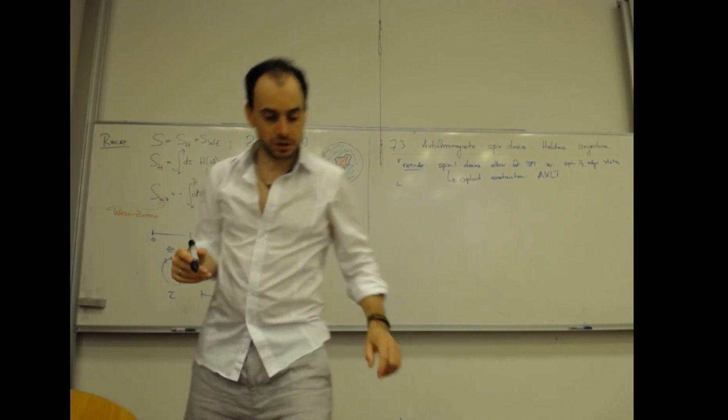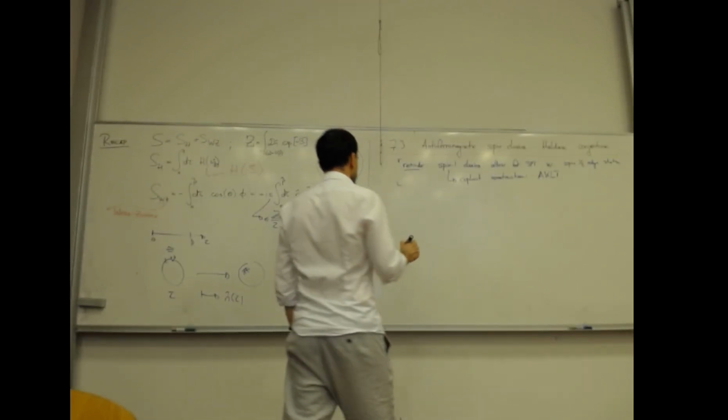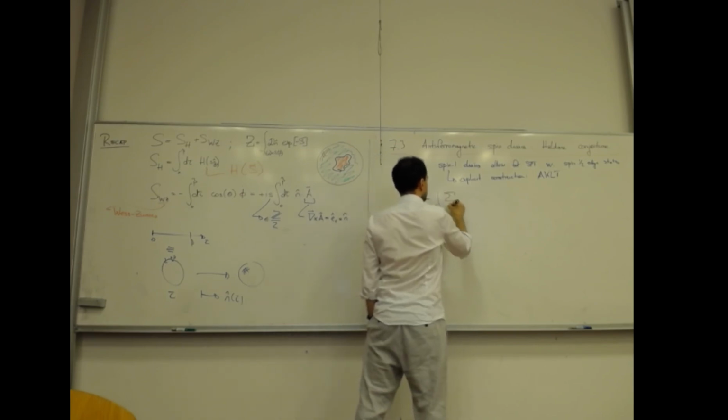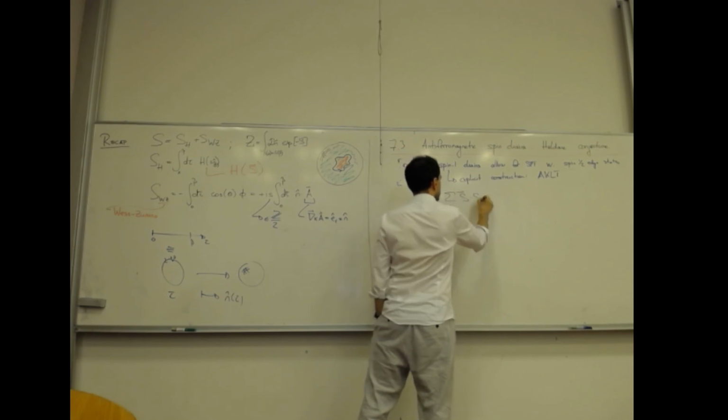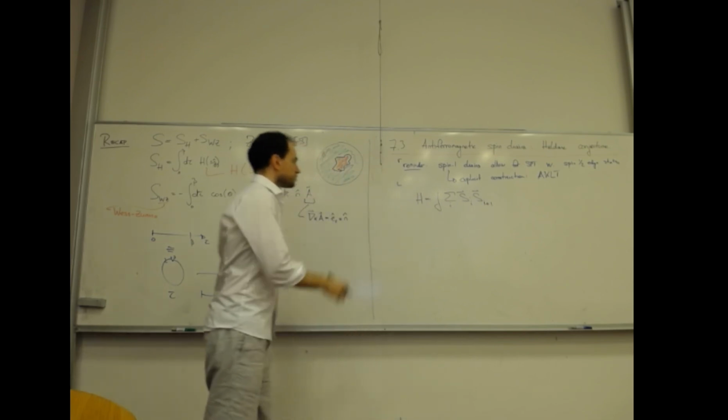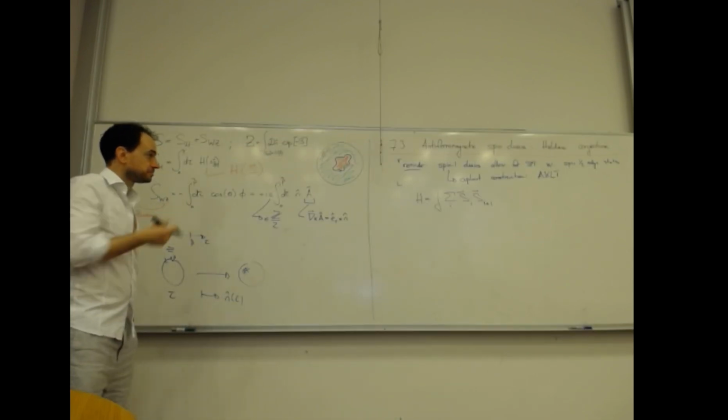So what we're doing is we're looking at a Hamiltonian of this type, antiferromagnetic interactions, nearest neighbor. These are spin S operators as before.